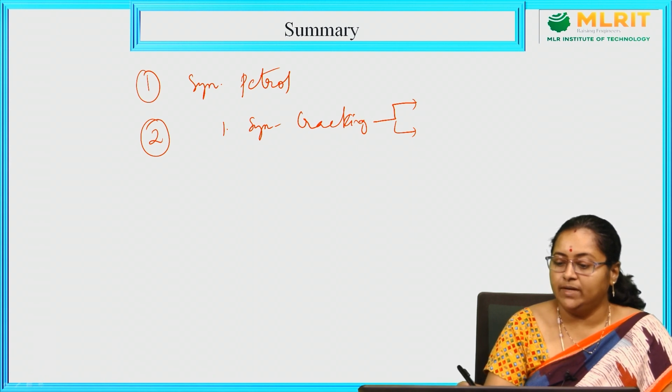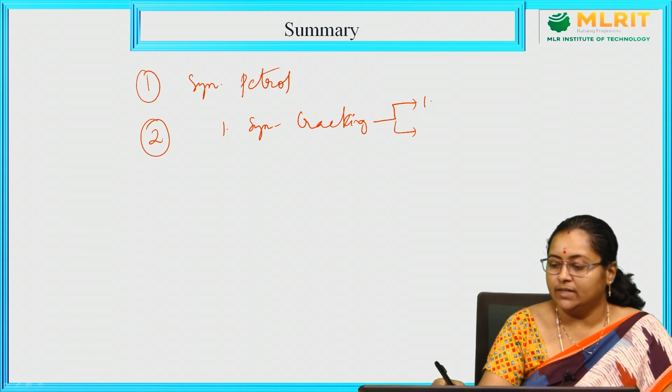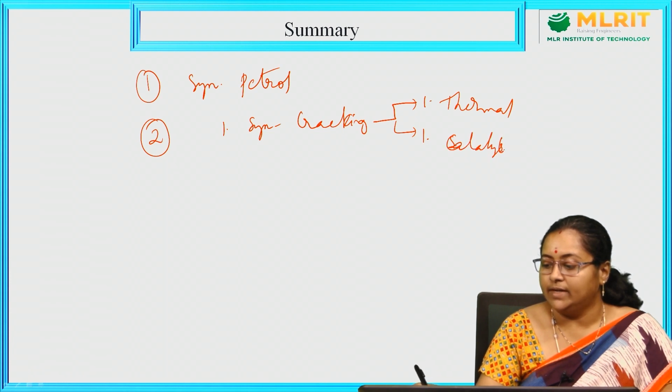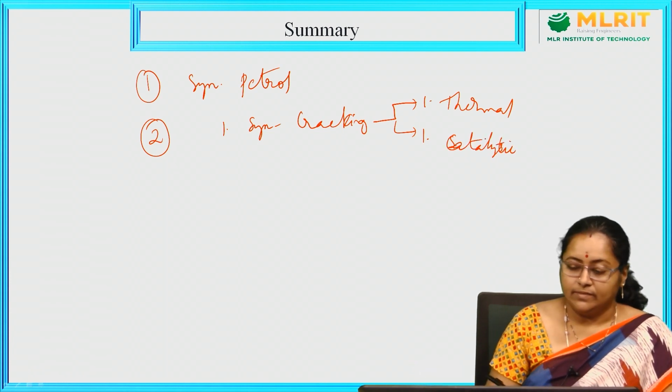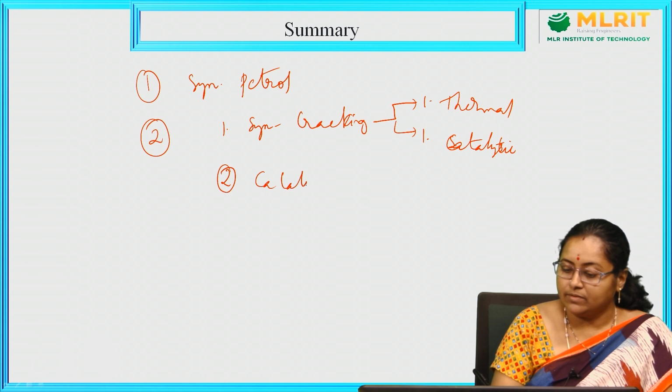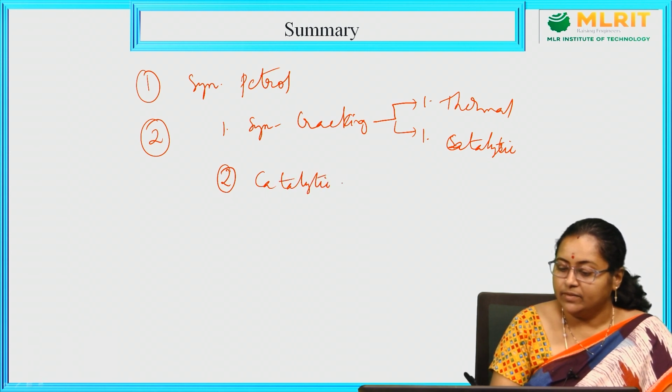I explained the introduction, and gave one example of a cracking process. It is of two different types: one is thermal cracking, and the second one is catalytic cracking, and then I directly switched over to explaining catalytic cracking.